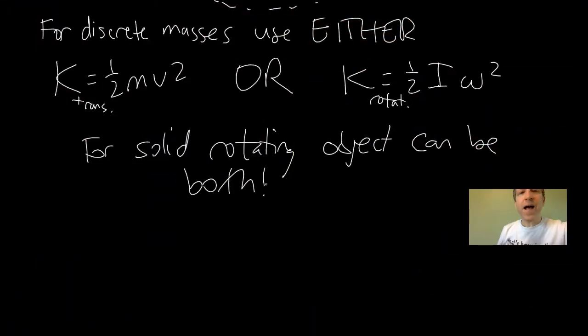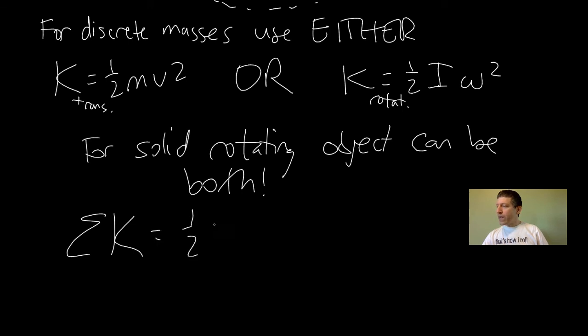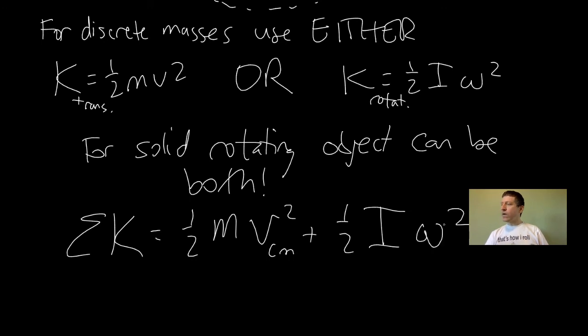So when you have a solid object that's moving translationally, you have to count both. The net kinetic energy for a solid object like that would be 1/2 its mass times the velocity of its center of mass squared plus 1/2 its moment of inertia times its angular velocity squared. You have to count both of those for a solid object that's rotating and moving translationally.